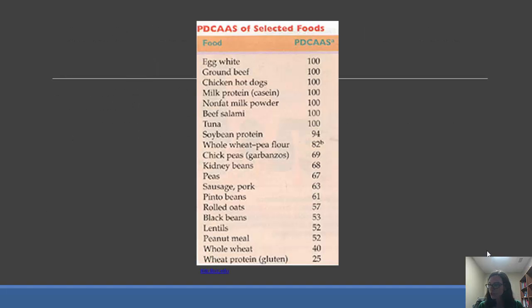And this isn't super clear, but here are the PDCAAS scores of selected foods. So we can see, as we would anticipate, our animal proteins have a higher score, whereas our plant proteins, which have some missing essential amino acids, would on their own have a lower score. But if they were combined, then they would have a higher score.